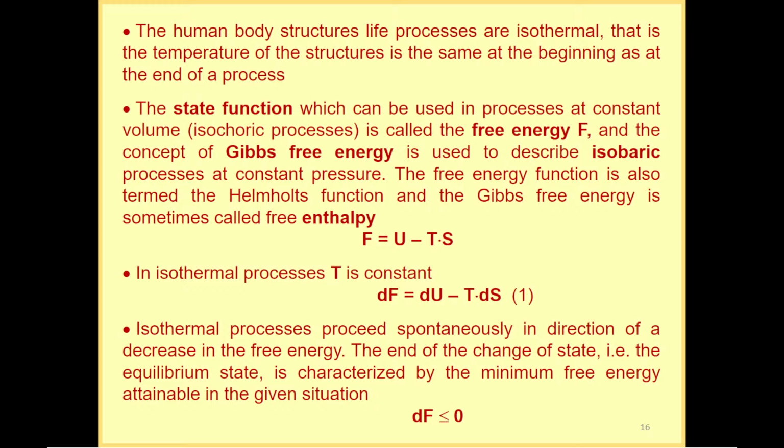For the isothermal process, the amount of heat released can be expressed as the product of the entropy change and the temperature. This amount of energy released in the form of thermal energy may be expressed as the product of the entropy change and the temperature.